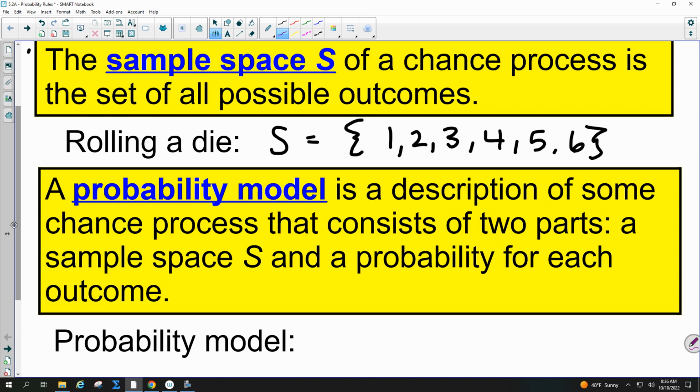All right, you're going to see a lot of probability models. A probability model is a description of some chance process that consists of two parts. It's usually a table that consists of both the sample space, meaning all your possible outcomes, and also the probability for each outcome.